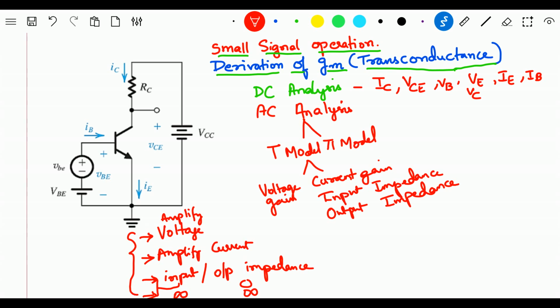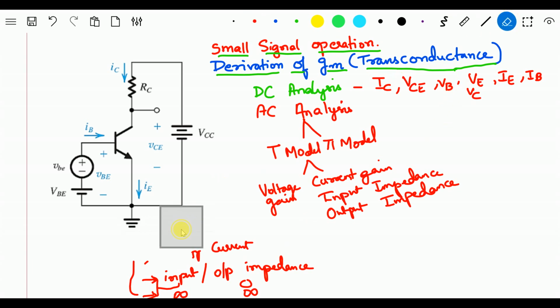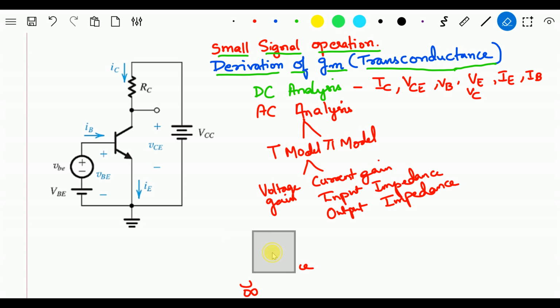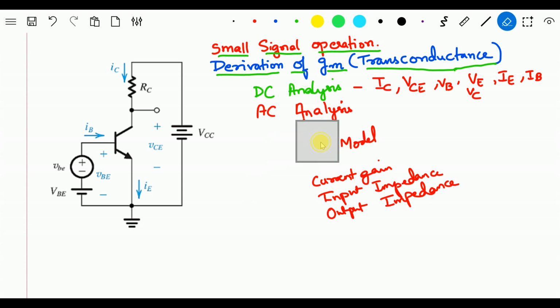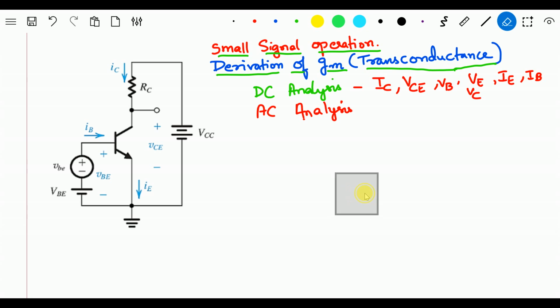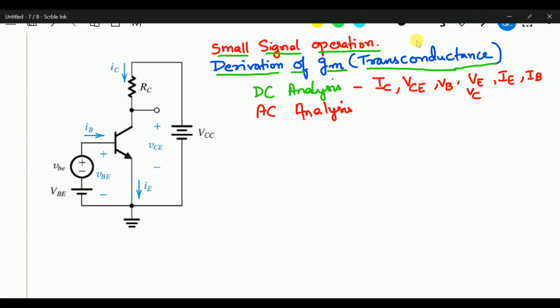Whether a single amplifier will give you all these terms, no. It all depends on the way you design the amplifier to obtain these parameters. Fine, so now let me go with the pi model, voltage amplifier, current amplifier, and all in the later stage.